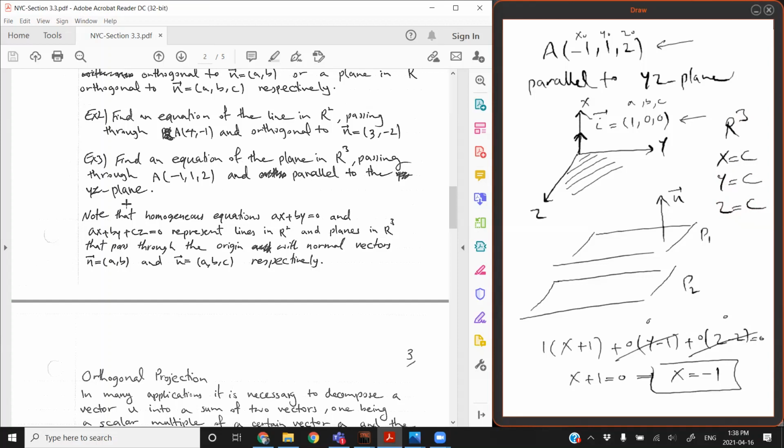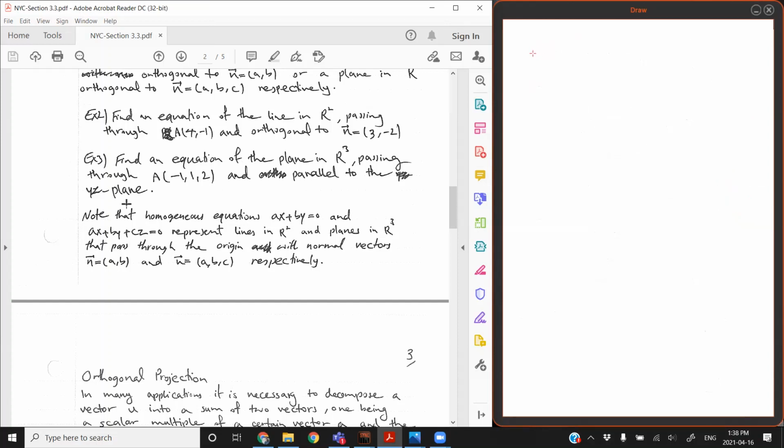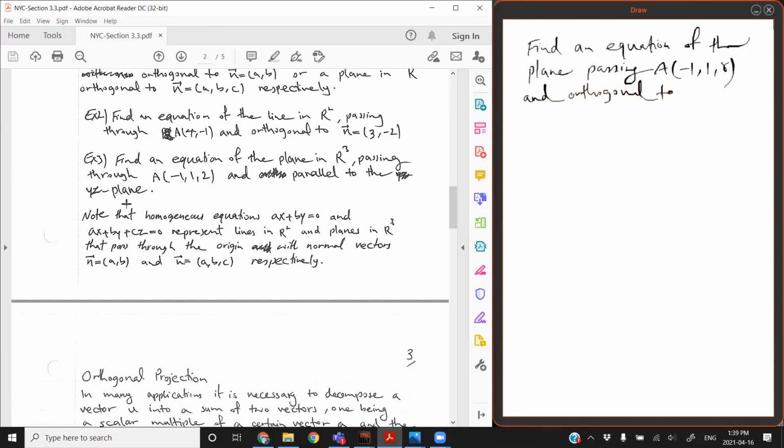Let me give you a more ordinary example for this one. Find an equation of the plane passing through, say, the point -1, 1, 8, and orthogonal to the normal vector 2, 3, minus 5.